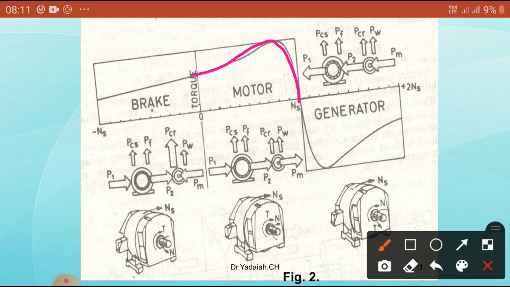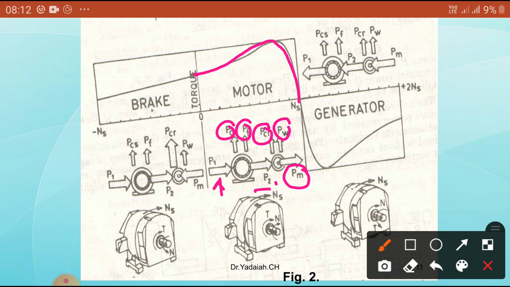Here, what is the input? P1 is the electrical energy given, and from it the stator copper losses and stator iron losses are deducted. Then we get P2, the stator output, which is the rotor input. From that we take out the rotor copper losses and the friction and windage losses, and we get the net mechanical power developed in the shaft.